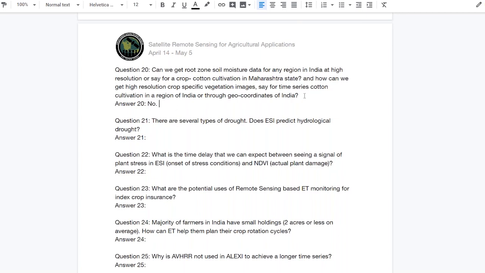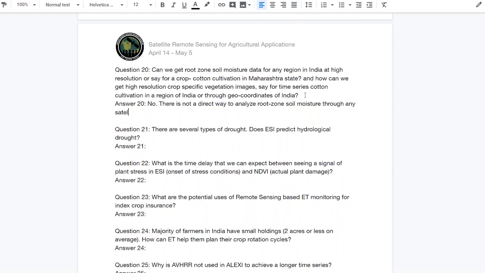There's not really a way to directly estimate root zone soil moisture from any satellite. From the high resolution standpoint, with current synthetic aperture radar and, in the future, the L-band SAR from NASA and the Indian Space Agency that's coming online in the next couple of years, we'll have the ability to estimate high resolution soil moisture.